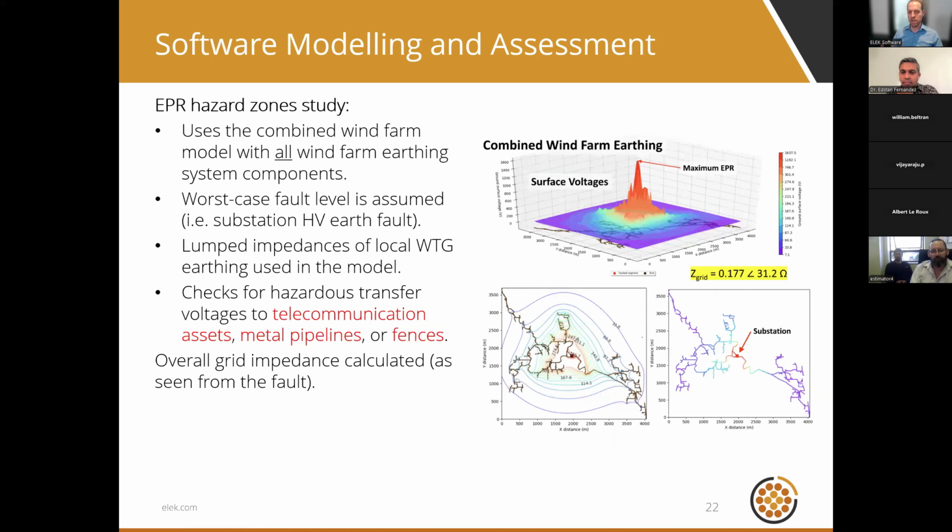If it's a big system, such as a wind farm, transfer voltages could be significant. We need to look at hazardous voltage transfer along fences, to telecommunication assets, to metallic pipelines. We'll need to calculate the overall grid impedance. We can build those models and determine also things like touch and step voltage.